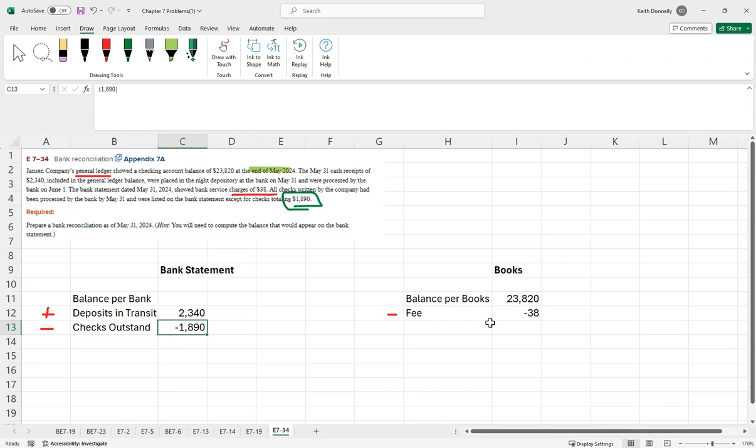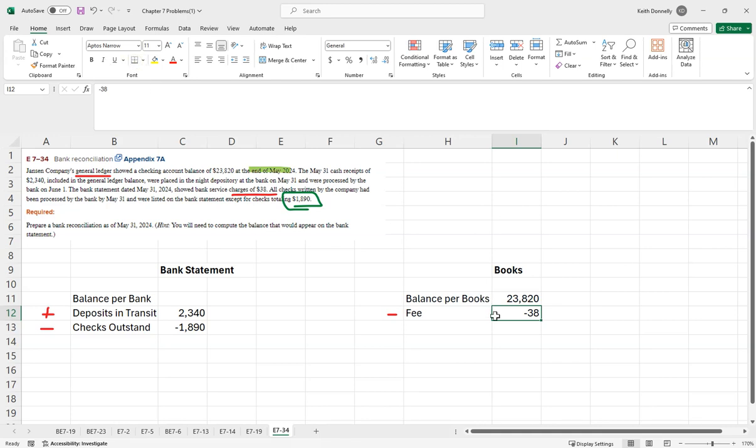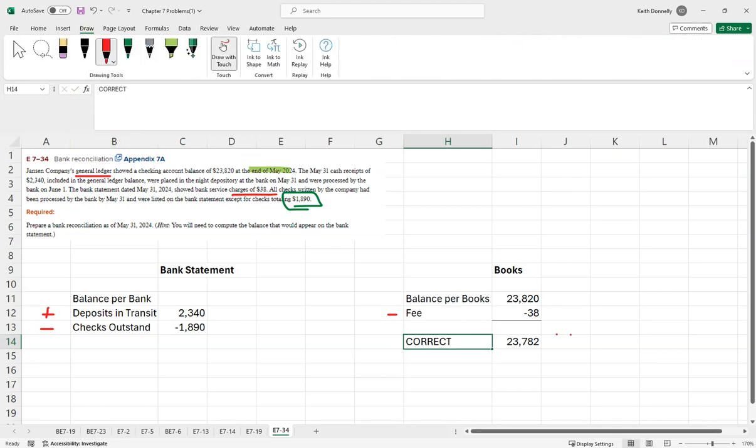So how do we deal with this, right? It almost seems like incomplete. Well, first thing we're going to have to do is figure this out, right? 23,782, right? That is our correct cash, like we can put a smiley face there, right? That's what it needs to be.